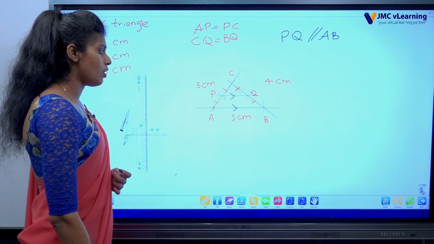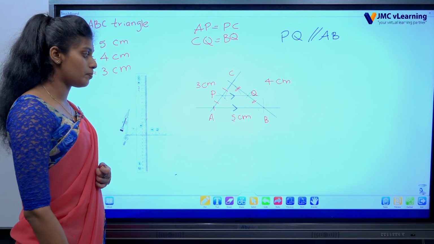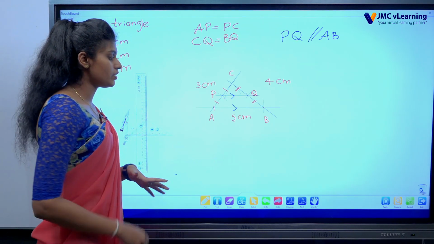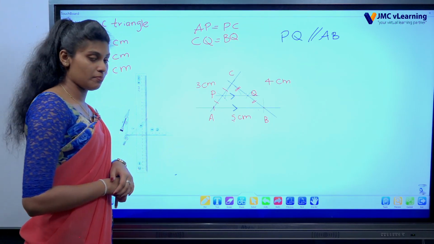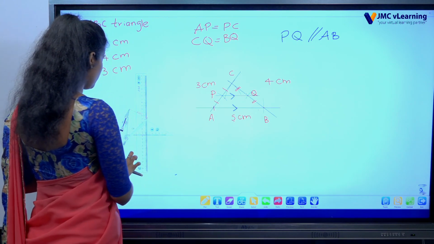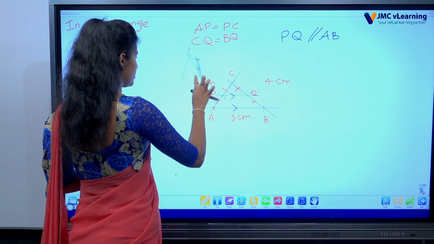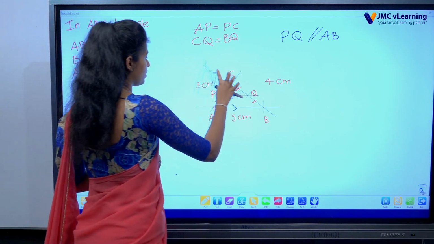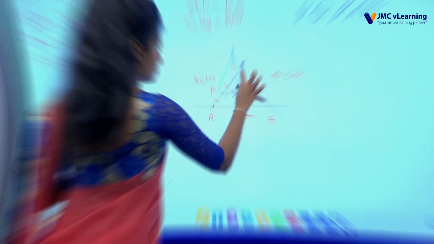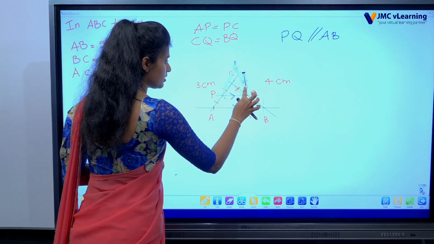Now let's see what are the lengths of PQ and AB line. Now we know the length of AB is 5 centimeter. Let's find the value of PQ line. Let's measure it using the compass. By keeping this on this line, how much is the length?